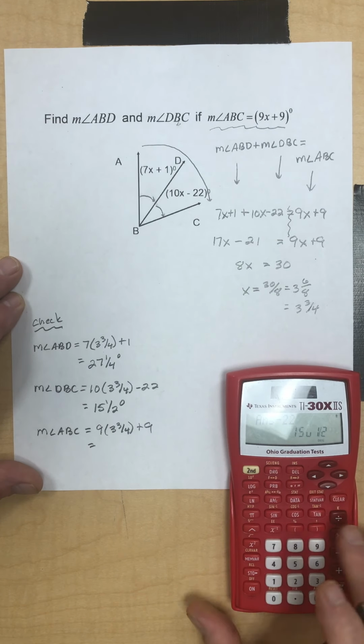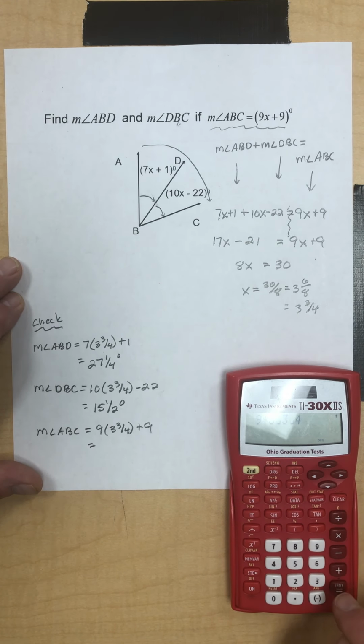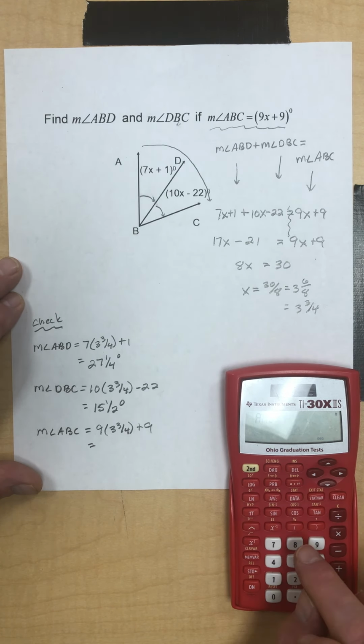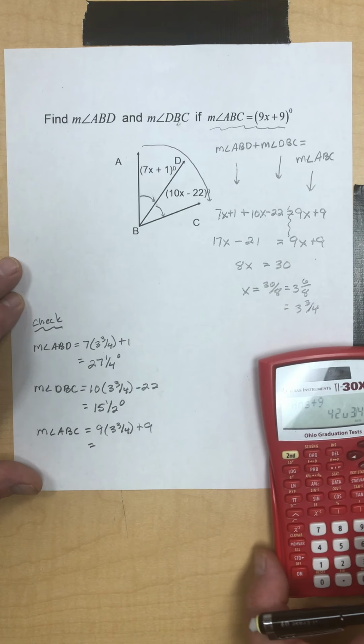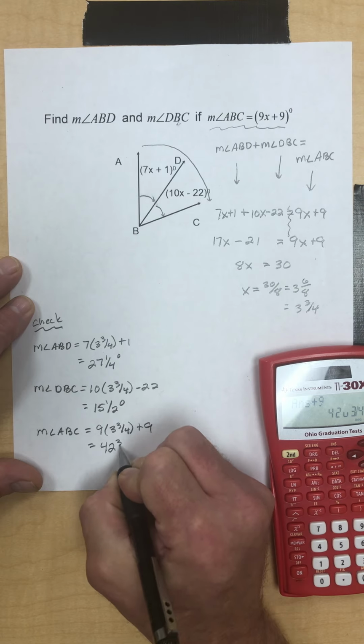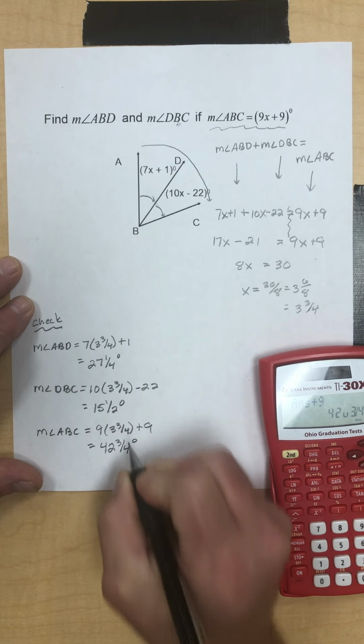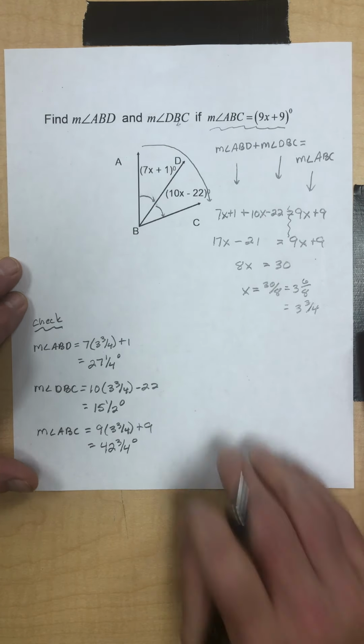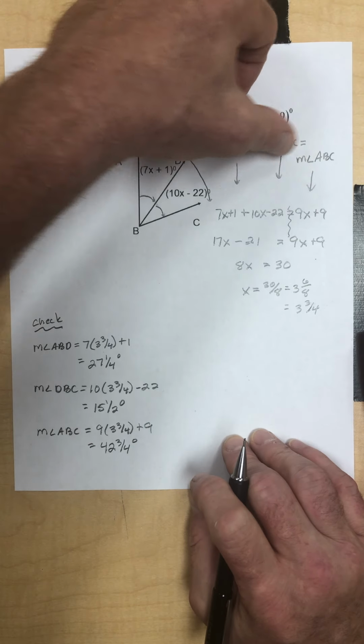Once again using the calculator, 9 times 3 3/4, enter, and then add 9 to it, and I'm going to get 42 3/4 degrees.